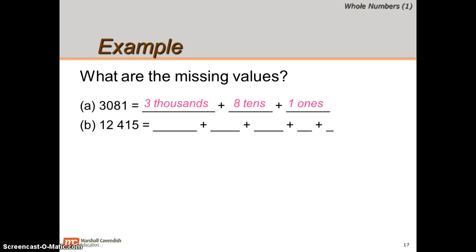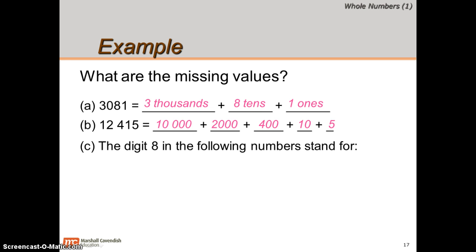Next time I can use the number draw, it's easier for me. 10,000 plus 2,400 plus 10, 5. Well done, good job.